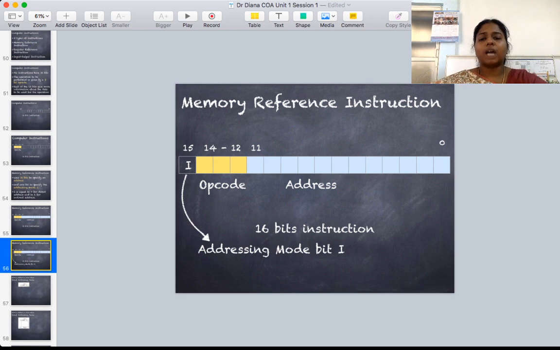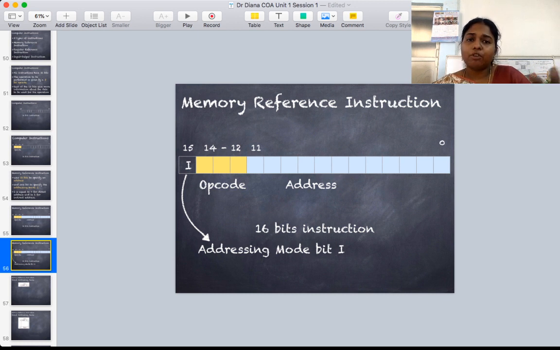Okay. Now this I bit is going to tell how to use the address which is given in the instruction. So bits 0 to 11 of this instruction have some address. I need to use that address to find out or locate the data for my operation. The addressing mode means whatever is given in the instruction, I need to process it and find out the location of my data.